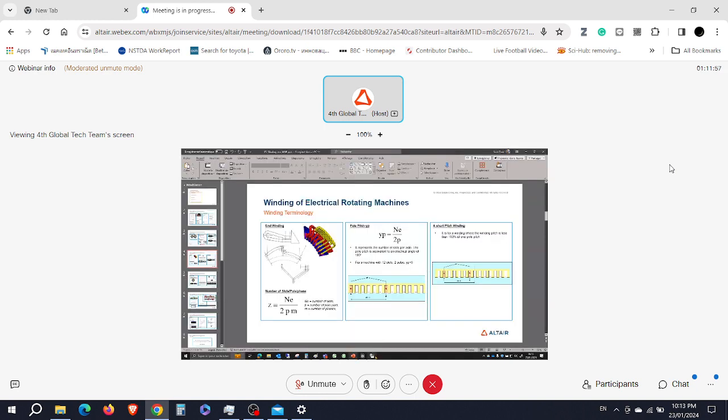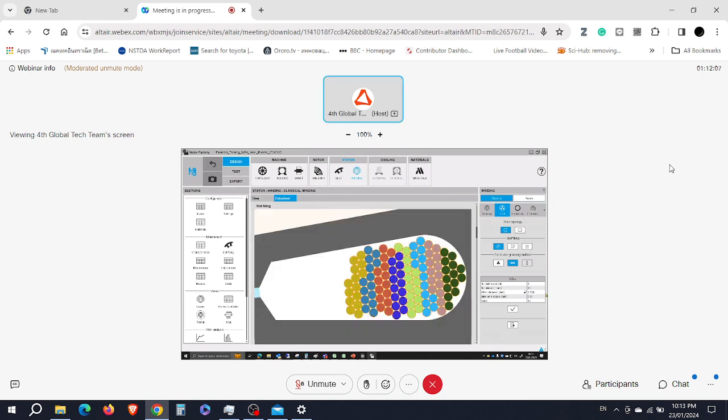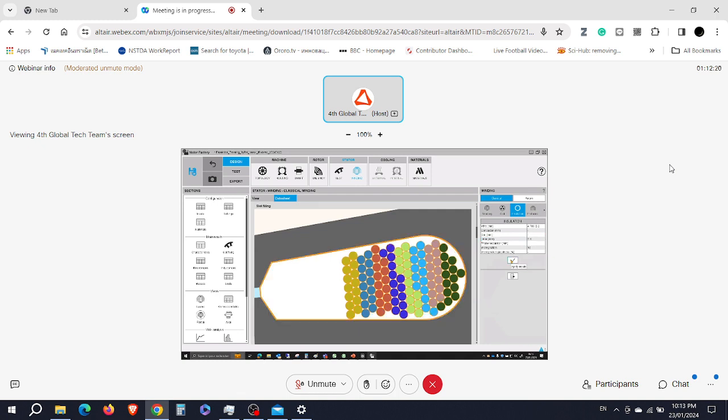Before going further, let me go back here because there is something I didn't indicate. There is the insulation. So if I come back here, then you need to put maybe the insulation, the liner. If I put 0.1 like this, then you have the insulation between the coil and the stator.